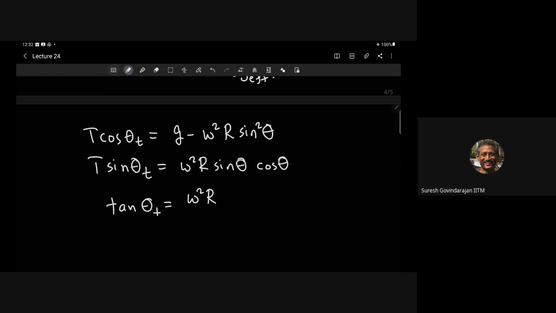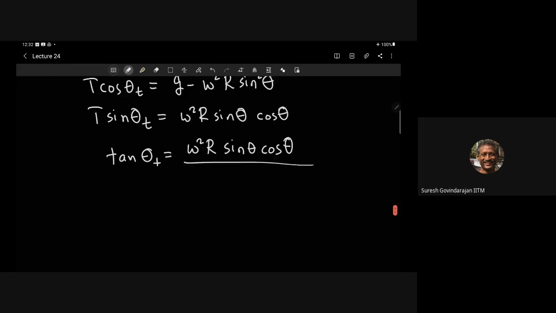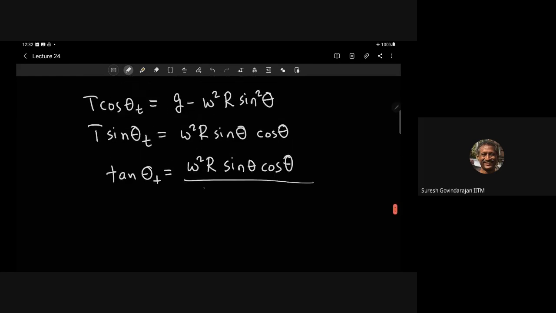I'll write one step, and then I always try to jump, not necessarily a good thing. And so G effective. What is G effective? We can work out what G effective is also.